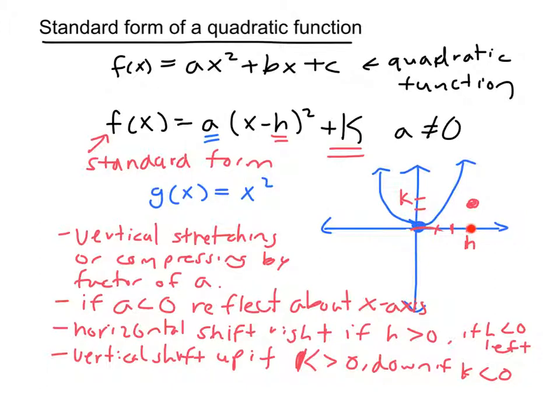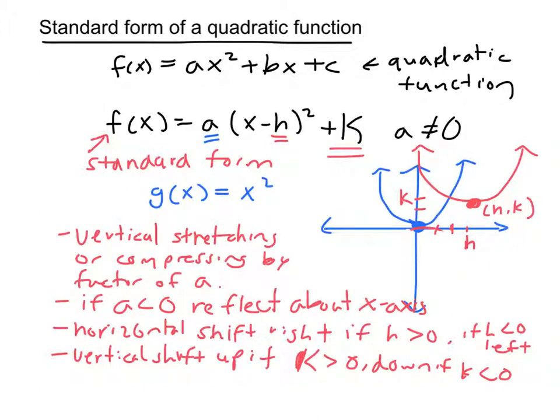So this got moved over and then up. If a is positive, my parabola would then look something like this. This point is h comma k.